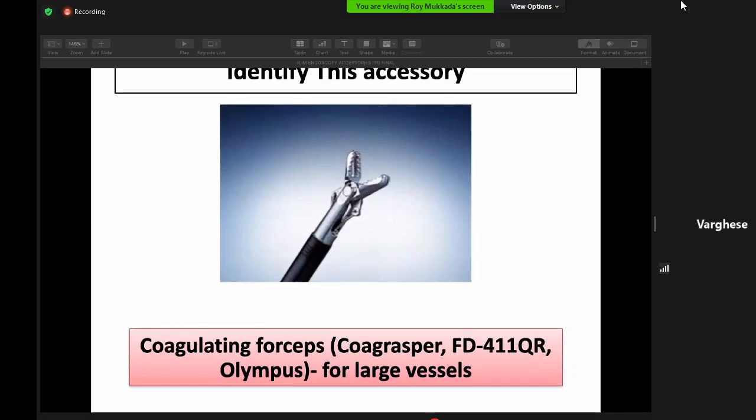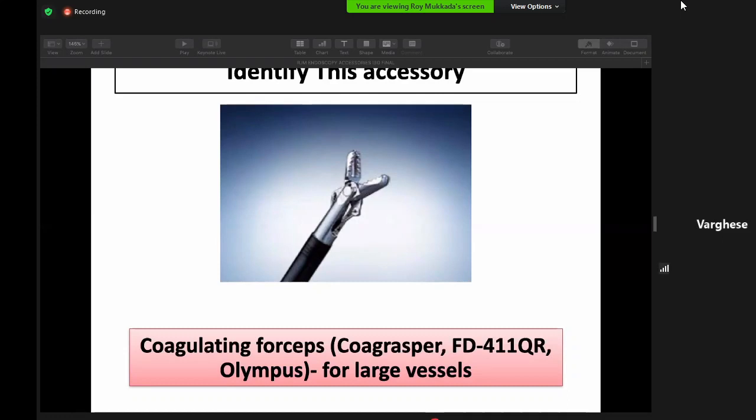Actually, you have seen it in that earlier video for reflux disease, no? They have been coagulating some area. Okay, now for POEM. Whenever there is submucosal dissection and bleeding, this can be used as a very efficient tool.